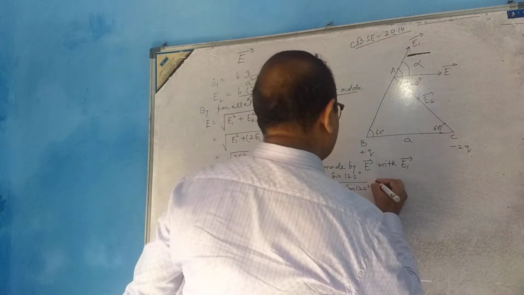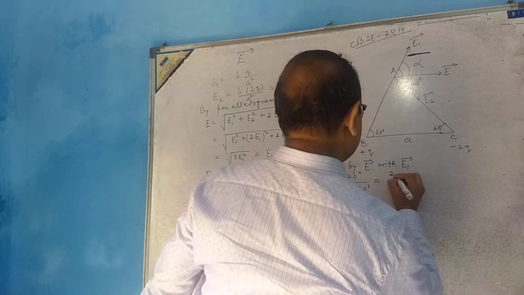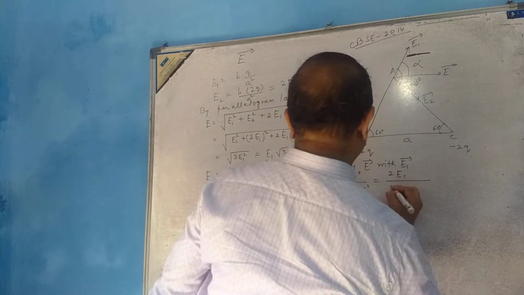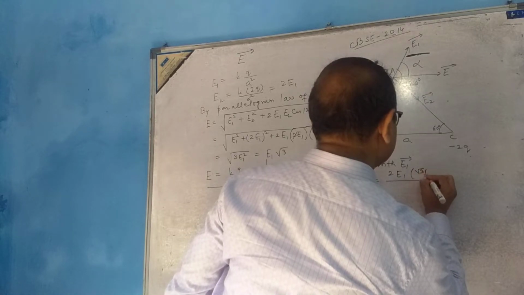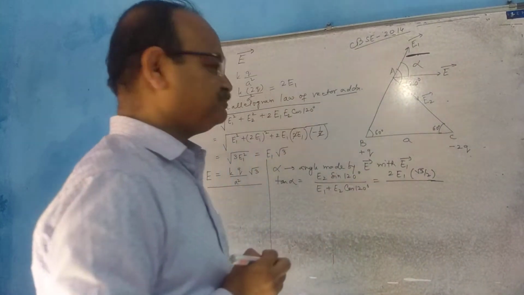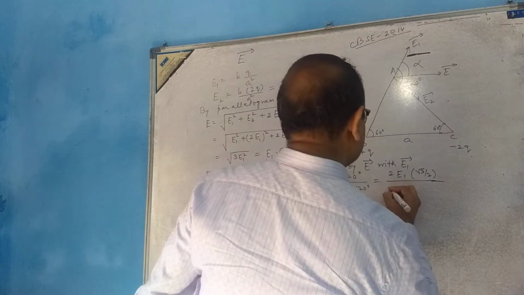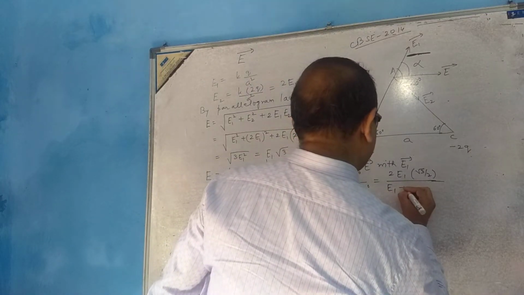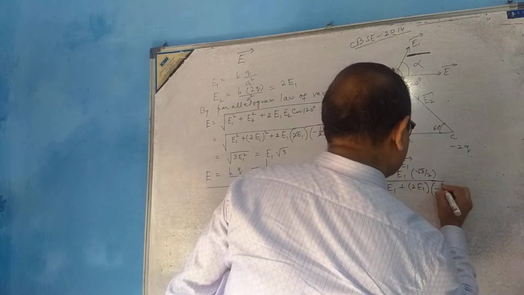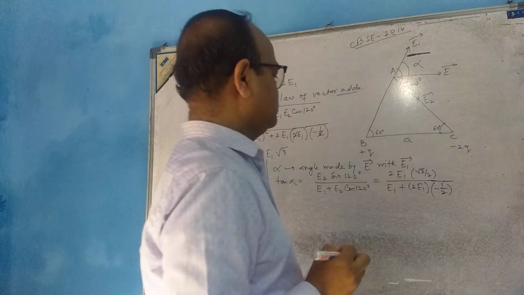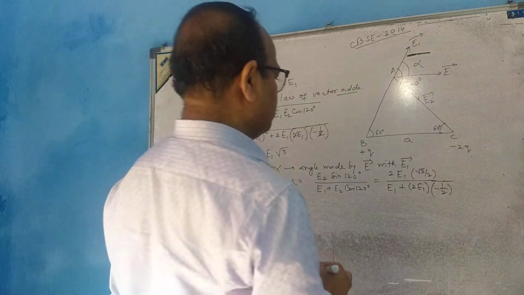That means what is E2? E2 is definitely 2E1, so 2E1 into root 3 by 2, I hope you agree, divided by E1 plus twice E1 into minus half. We can write it like this, no problem.